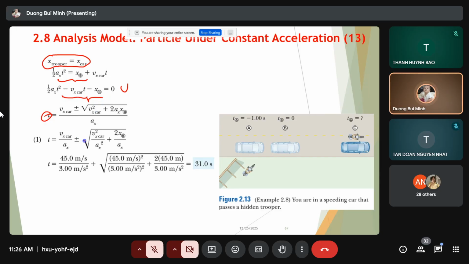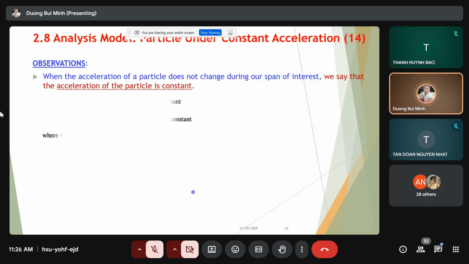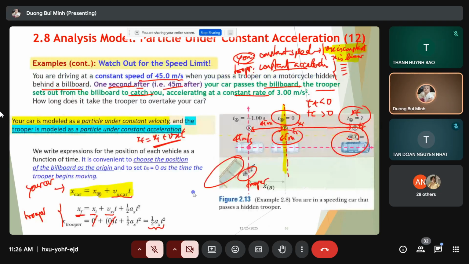So we need to choose plus, because if minus, this will be negative. If we choose plus, you get t is 31.0 seconds. So that means after 31 seconds, the dropper will meet your car.